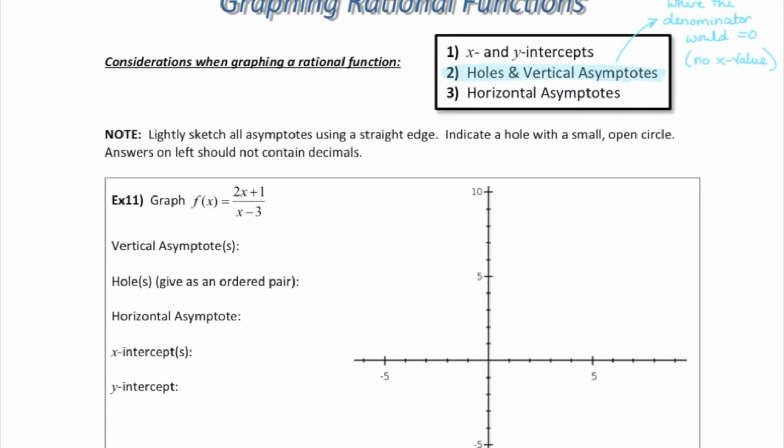I'm also going to ask you, to the left of each problem, to answer some questions about the algebraic answers to holes and asymptotes and intercepts, and you shouldn't have any decimals there. So really you should be able to compute all of those things on the left algebraically and then represent them on the graph. And of course you would have Desmos to work along with you.